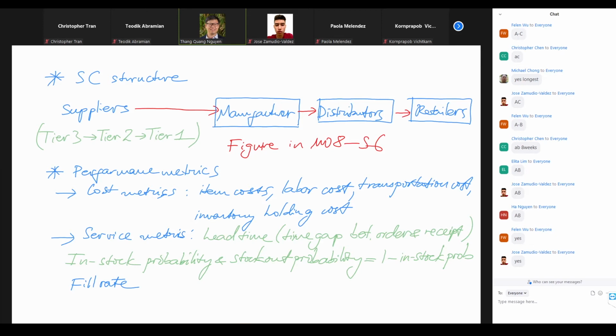So that's the cost metrics and the service metrics that managers will have to keep close monitoring on, so that he or she can make the right decision. Okay, so that's the performance metrics. And next, I would like to talk about the supply chain decision.